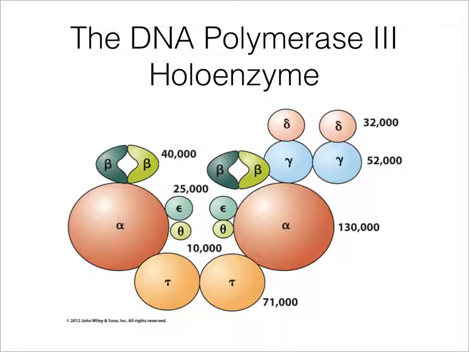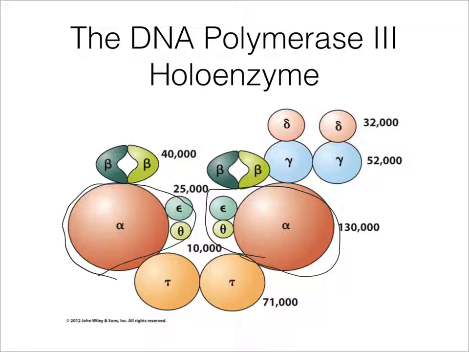And now we have the holoenzyme, right? So, first off, remember we had the core enzyme, which is alpha, epsilon, and theta. This is the core enzyme. So is this. Note that there's two of them attached together. That's because the bit that's synthesizing the leading strand and the bit that's synthesizing the lagging strand are attached together.